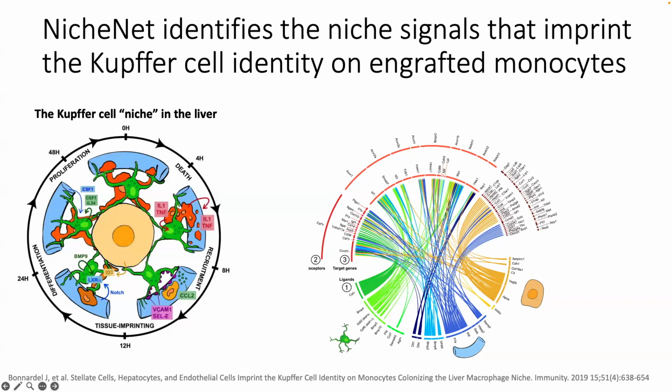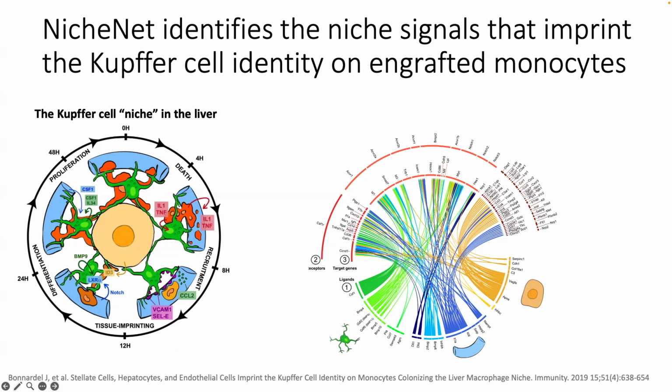And basically, what NicheNet allows you to do now is do this whole cascade of modeling. You have the ligands on all these different cells in the spatial niche of the Kupffer cells. And basically, NicheNet prioritizes these ligand-target interactions here.